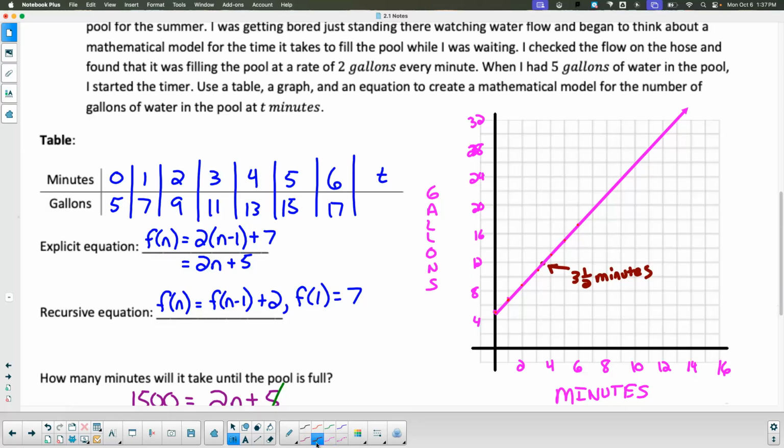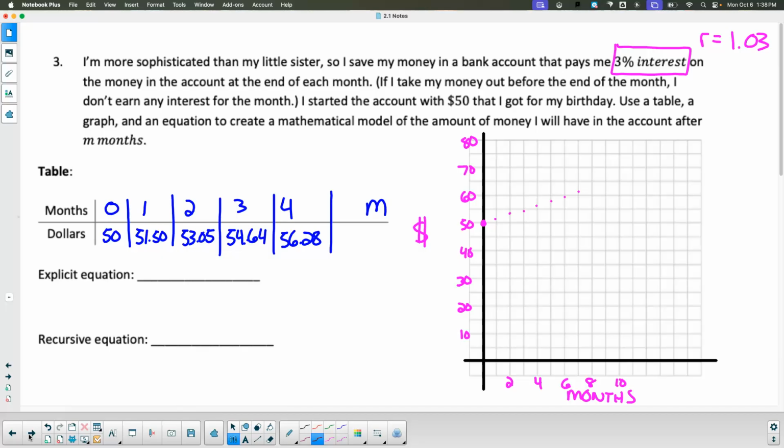This is an example of a continuous function, because I could connect the dots. The water was flowing all of the time. Is this example discrete or continuous?